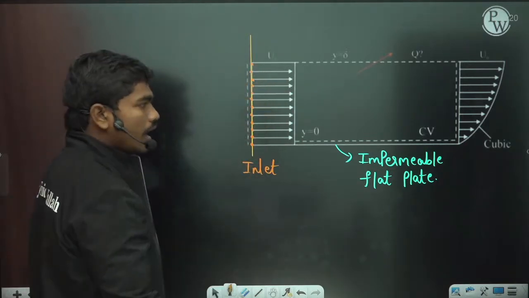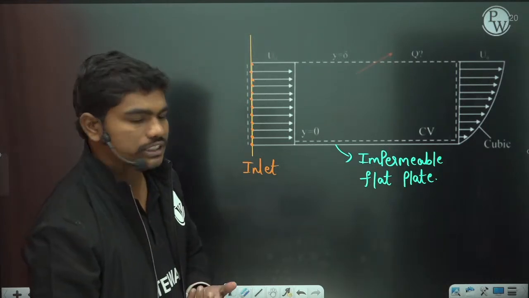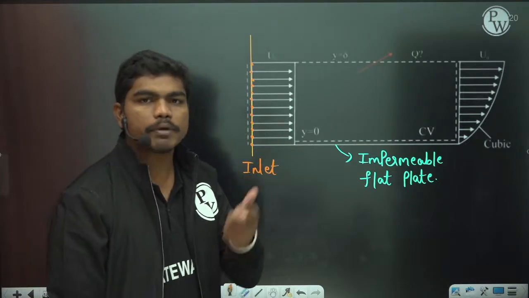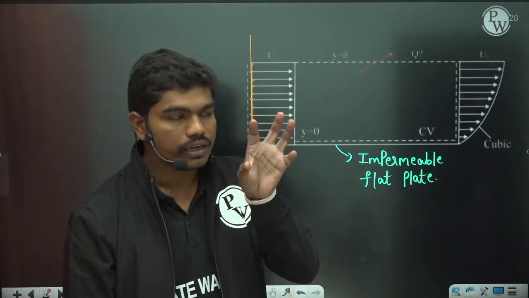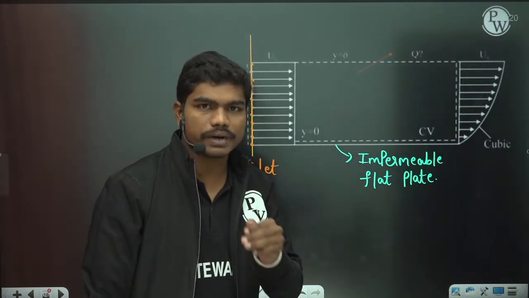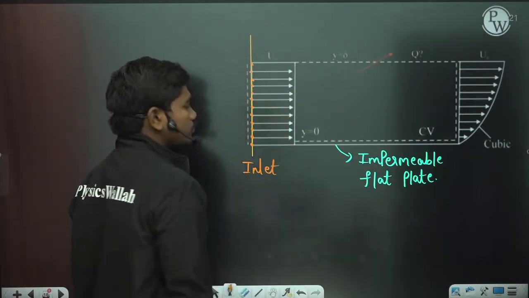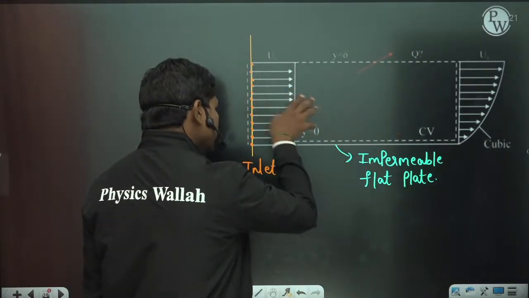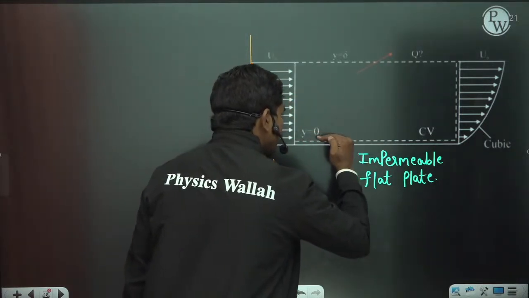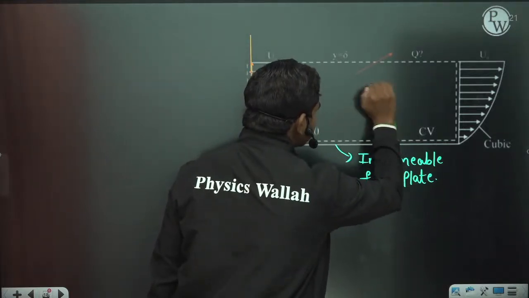Then once the flow starts, obviously because of the viscosity and all these things, the velocity of the layers will come down. I didn't explain it in a clear way because we are not dealing with theory, we are explaining only questions. But there is the no slip condition we have talked about. As this fluid moves in this direction, the flow velocity at the bottom layer comes to 0, and slowly it applies brakes on all the layers.